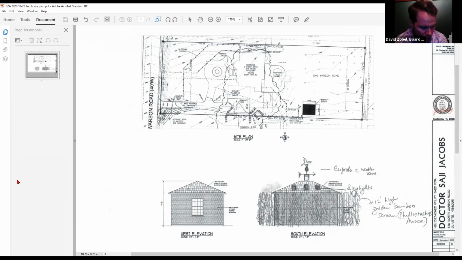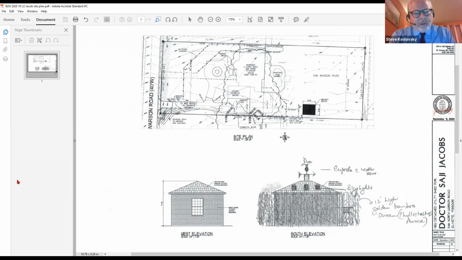Was any consideration given to putting in mid-size to large arborvitaes to further screen the structure such that the neighbor's sight line would roughly be consistent with the vegetation that they have actually planted themselves?